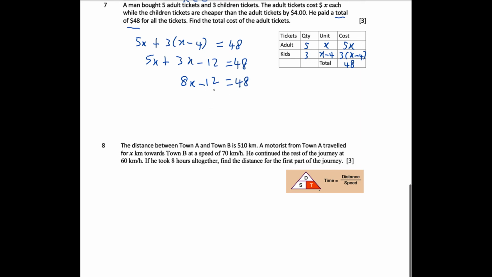So adding 12 will give us 8x equals 48 plus 12 is 60. And the adult tickets, 60 divided by 8, 7.50.